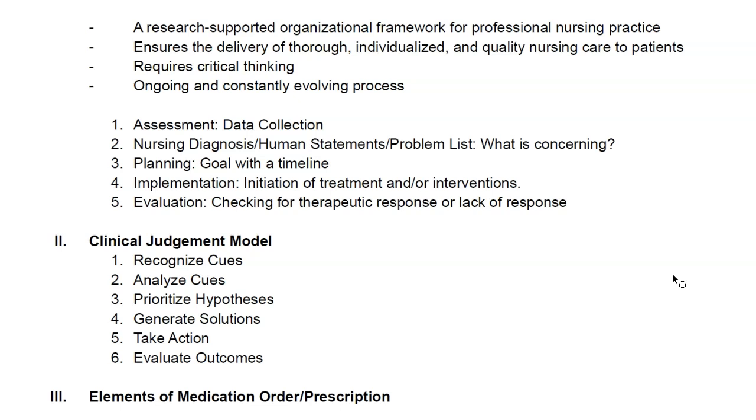So again, this is when you go back, you evaluate your patient. Again, you assess the patient and kind of determine, is whatever intervention that you implemented, is it working for your patient or is it not? Or is the patient now experiencing an adverse reaction from the treatment? So this is when we go back and reassess our patient.